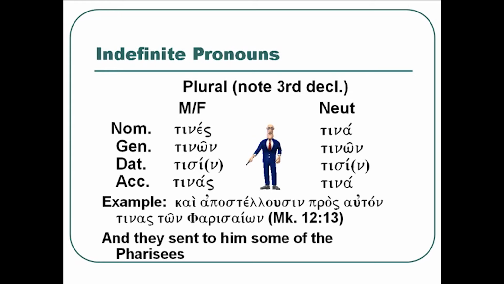Now you'll notice the tinas there is our indefinite pronoun some, but it does not take the accent because the preceding word auton has an accent on the ultima, and therefore the accent slides off the tinas form. Some of the Pharisees, Pharisaion. So just the use of this indefinite pronoun, someone, something, anything, anyone.